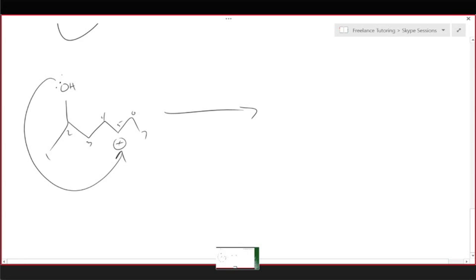Oxygen, because it has a lone pair, would be the nucleophile. Great. There is no negative charge, so you'd go to the next thing. Excellent. Good point. And carbon 5 is a carbocation, so that makes a good electrophile. Excellent. Okay, very good. So that's great that you worked that out. Good. So that's a good use of our techniques.